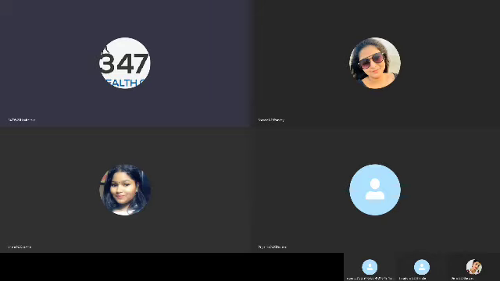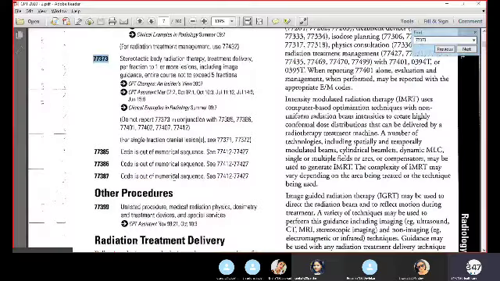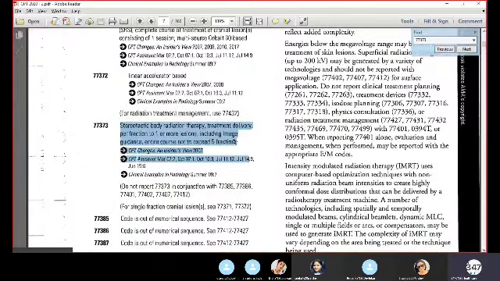This is a repeated question also. So 77373 is the correct answer. Please make a note. The same question is coming; last week also it came. Stereotactic body radiation therapy up to 4 fractions, then the answer, 77373, is the correct answer.